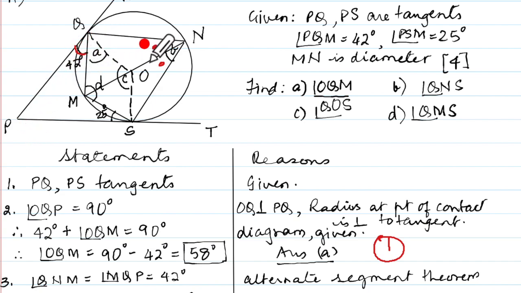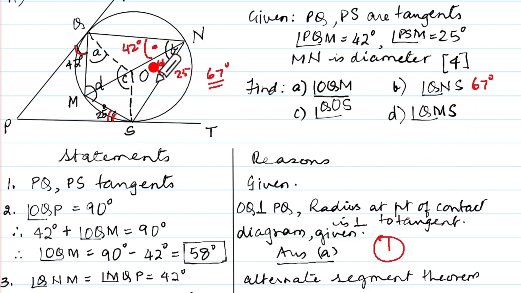So this angle is going to be 42 degrees here, and this angle over here is going to be equal to this angle here, that is 25 degrees. So angle B is going to be 42 degrees plus 25 degrees, that will be 67 degrees.